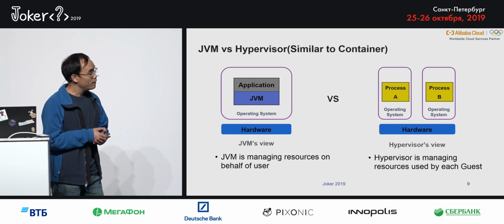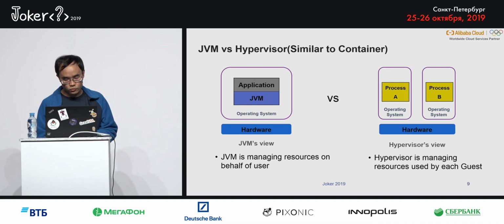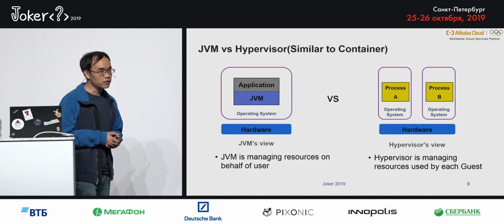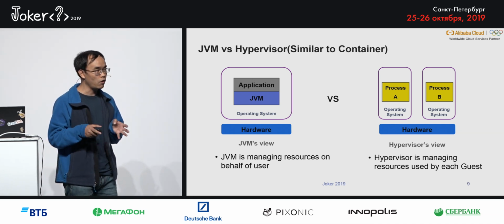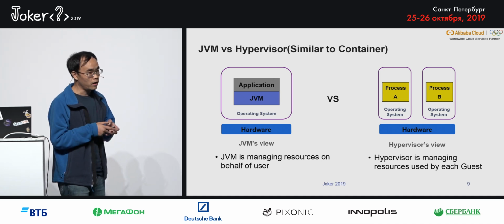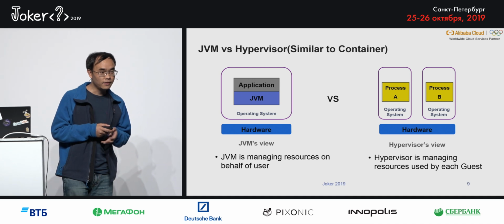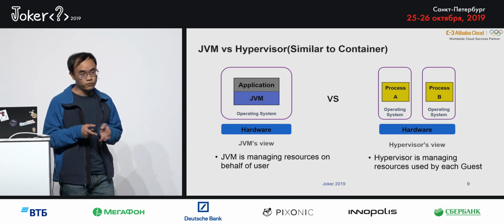That's a problem. Another thing is that the hypervisor is also managing resources used by its guest. The problem here is that the hypervisor assumes it has full control of resource management provided by the guest. The challenge is that you have two managers, and we think you don't want two managers telling you different things.